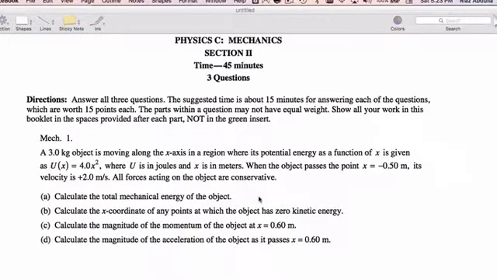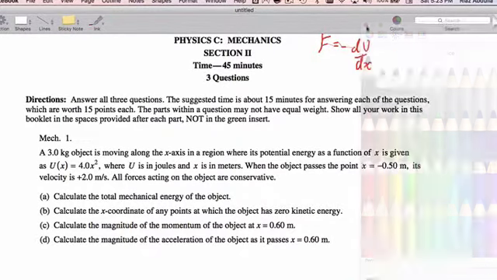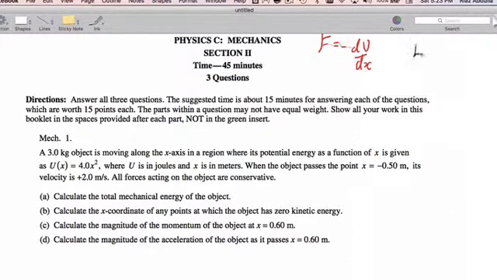This is the final problem in the test bank, and I want you to review this one specifically because we know that the force is the negative derivative of the potential energy. And this is going to be very closely related to a formula that we are going to use in E&M, namely that the electric field is the negative derivative of the voltage, or the potential difference.